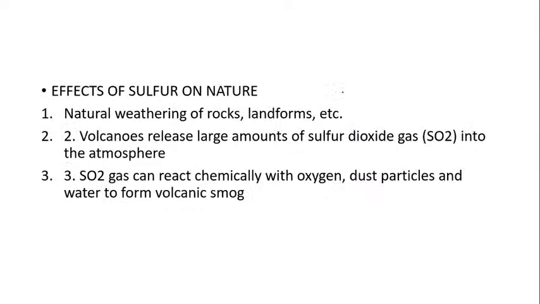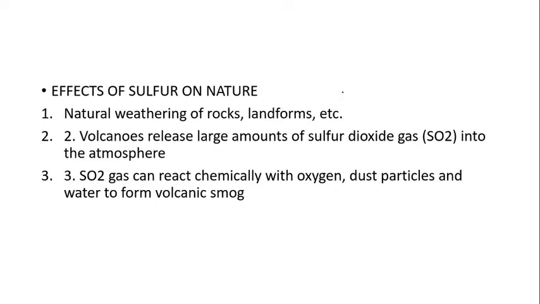Now, the sulfur will reach the atmosphere as hydrogen sulfide. So sulfur from rocks by natural weathering will reach the atmosphere as hydrogen sulfide and sulfur dioxide. Sulfur dioxide also exists through the combustion of fossil fuels.